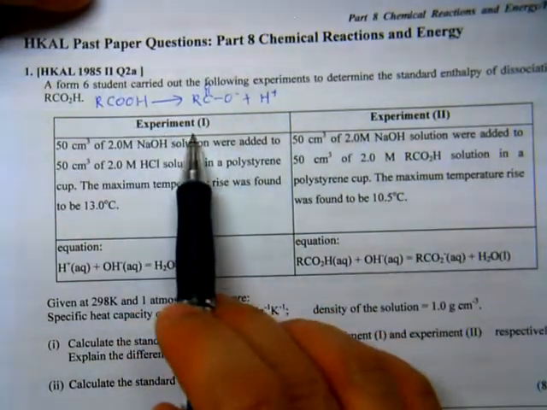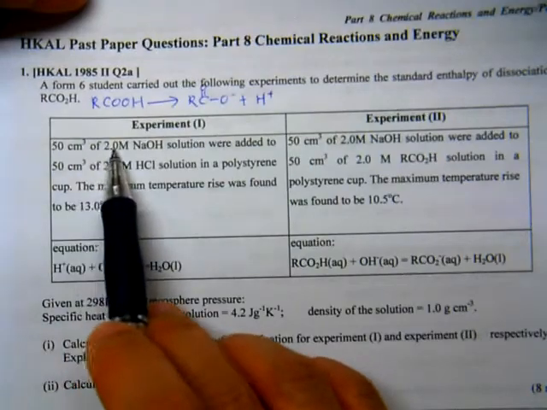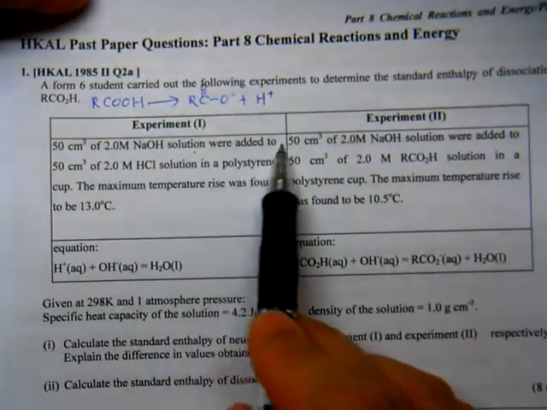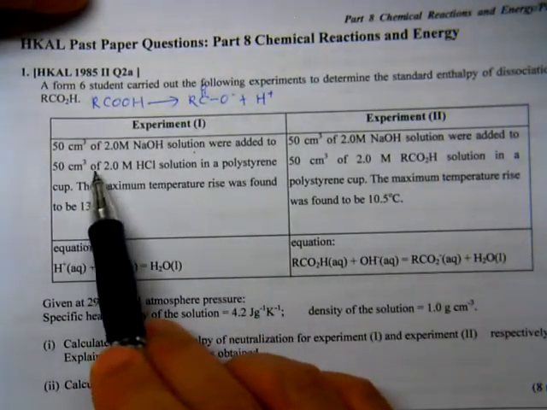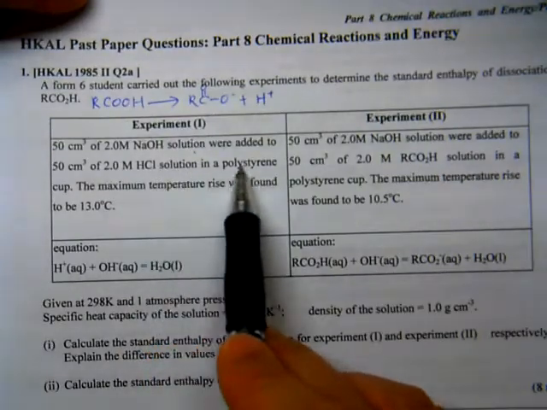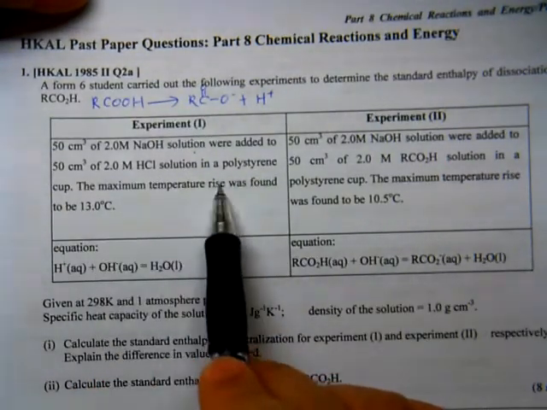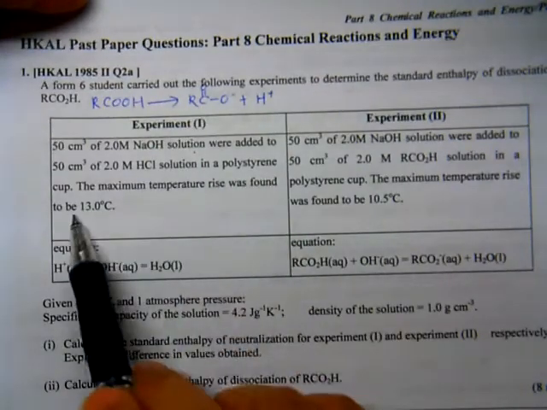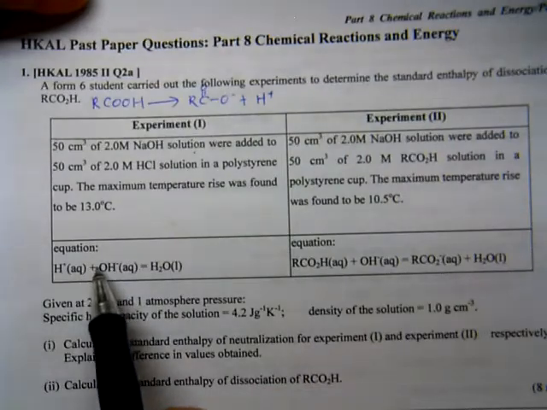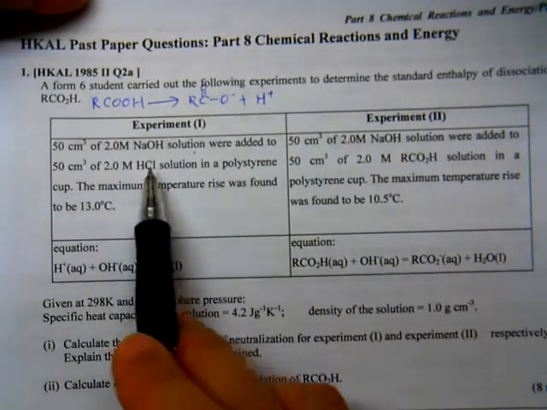For the first experiment, 50 cm³ of 2.0 M NaOH were added to 50 cm³ of 2.0 M HCl in a polystyrene cup. The maximum temperature rise was found to be 13 degrees Celsius. It is the ionic equation for this neutralization.